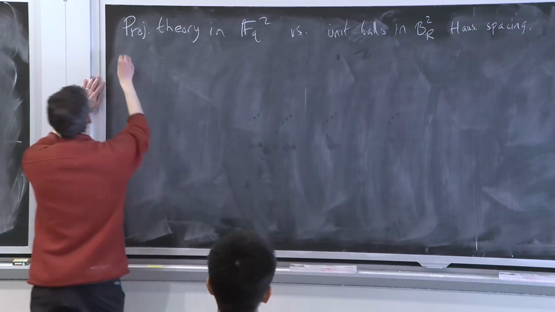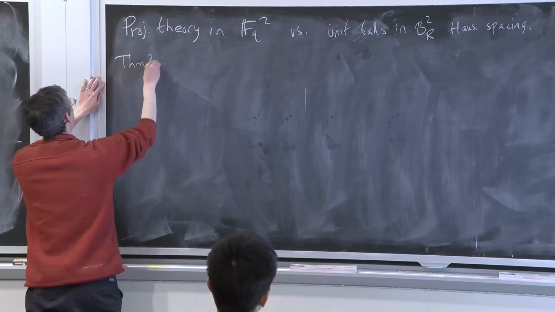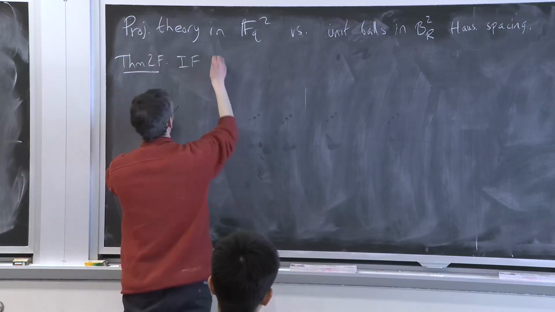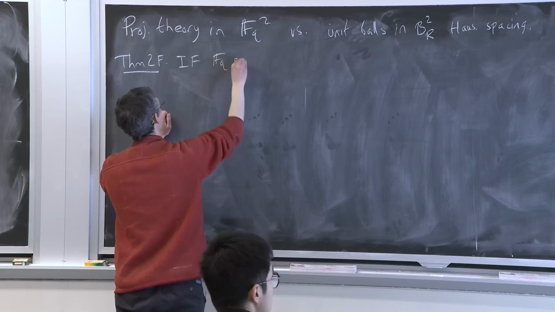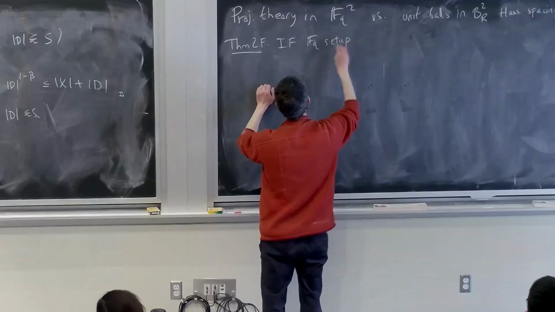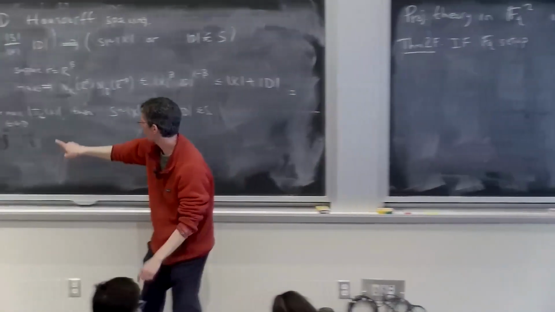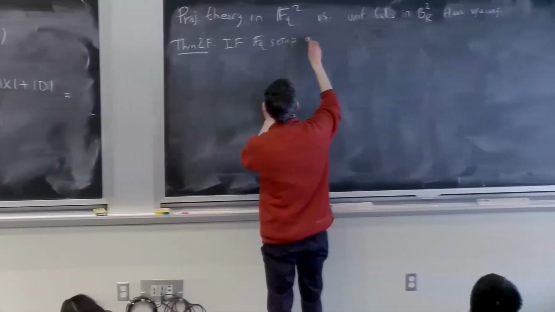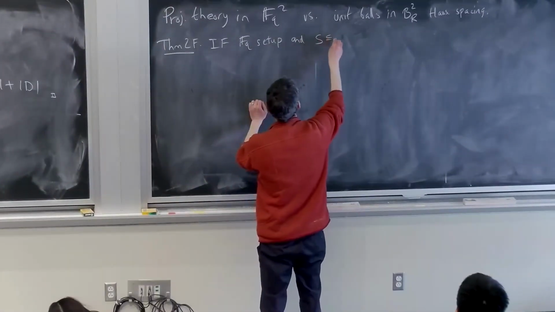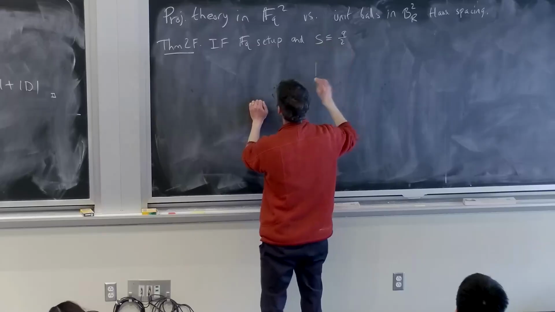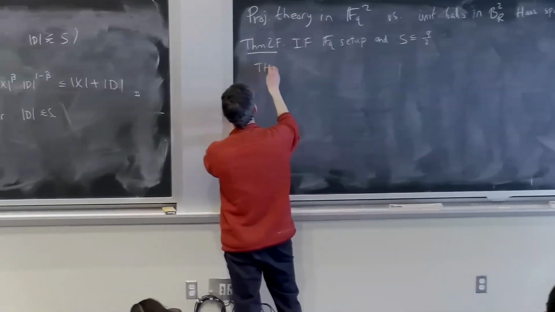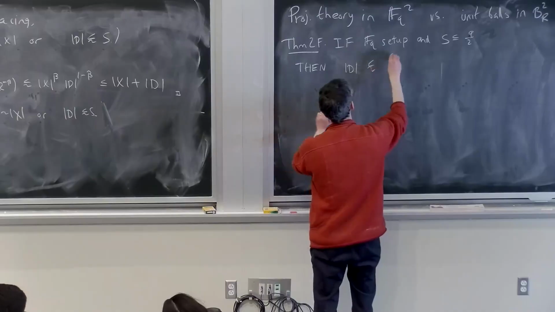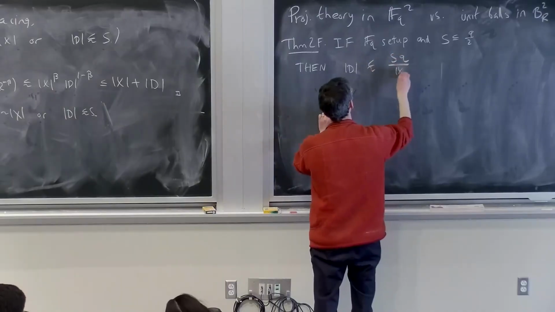So here was theorem 2 last time in finite fields. If we have our finite field setup, which is over here, and S is smaller than Q, then the conclusion is that the number of directions is smaller than SQ over X.